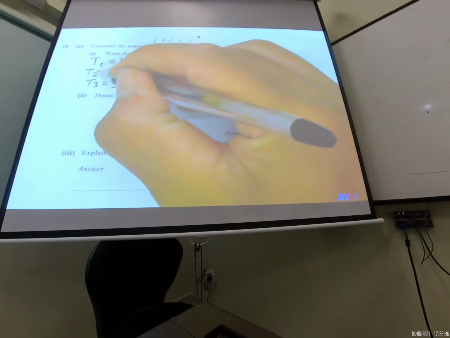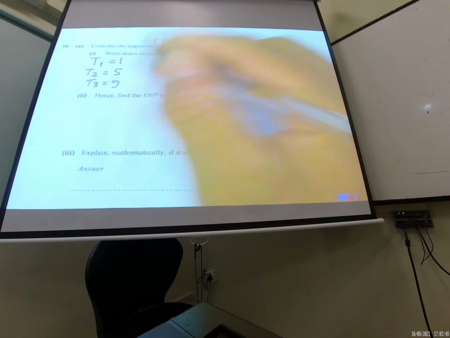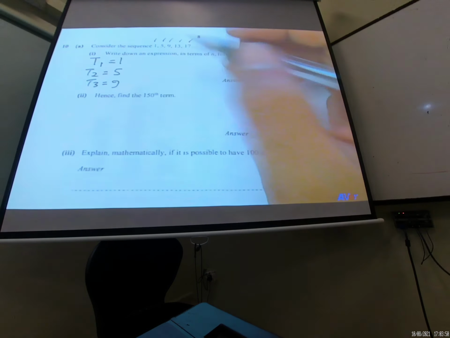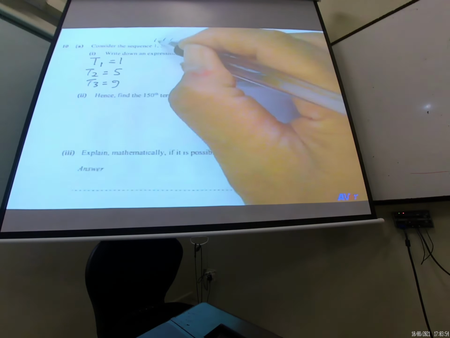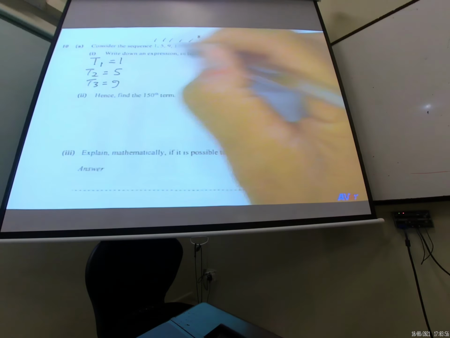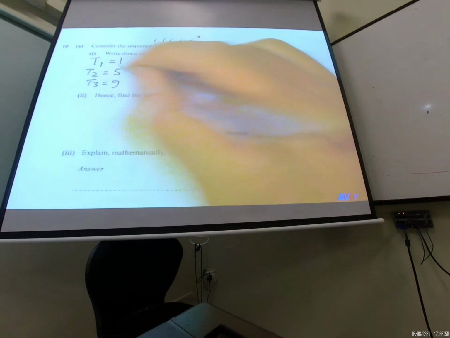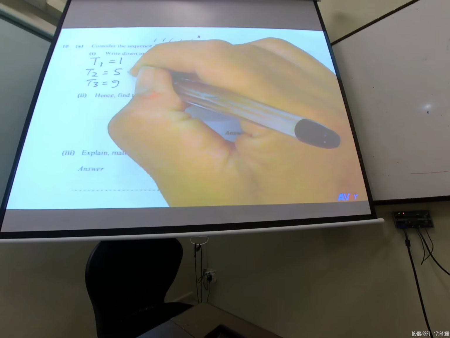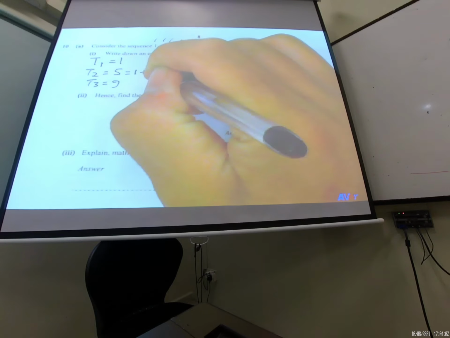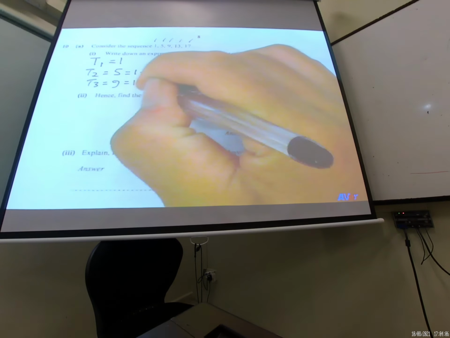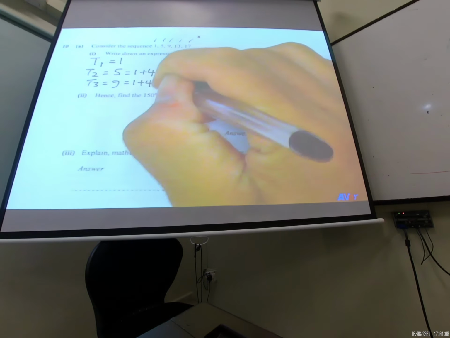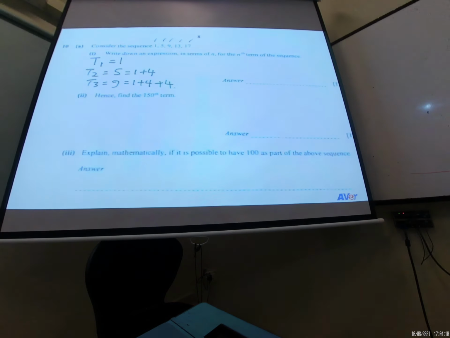We just take a look at these 3 terms first. Terms 1, 2, 3: 1, 5, 9. Then we should be able to see the pattern. Every number, when we move on, adds 4, adds 4, adds 4. So at first is 1, term 2 is actually equal to 1 plus 4. Term 3 is equal to 1 plus 4 plus another 4.